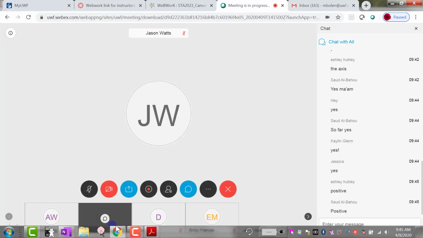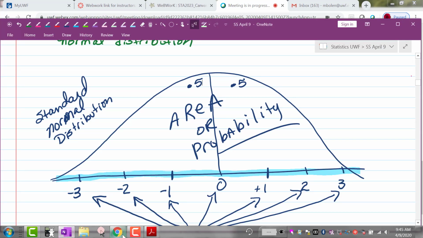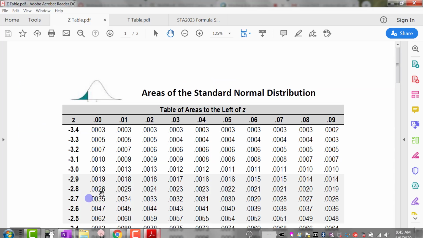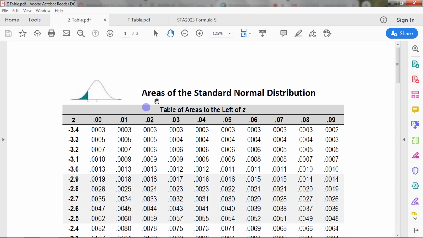Exactly. So that tells me that I'm going to look at my z table, and I'm not going to look at the negative, because right here are my z values. These are my z values, and this in here is the area.